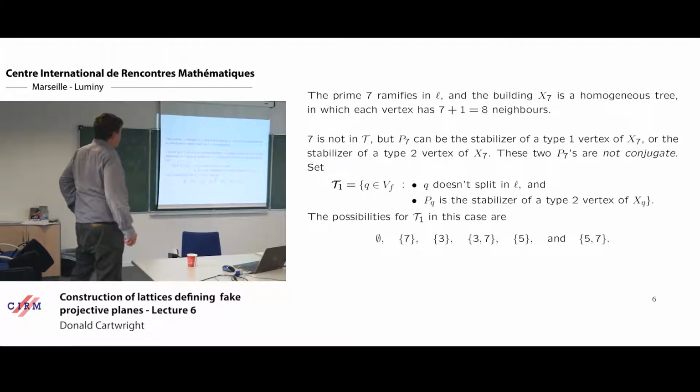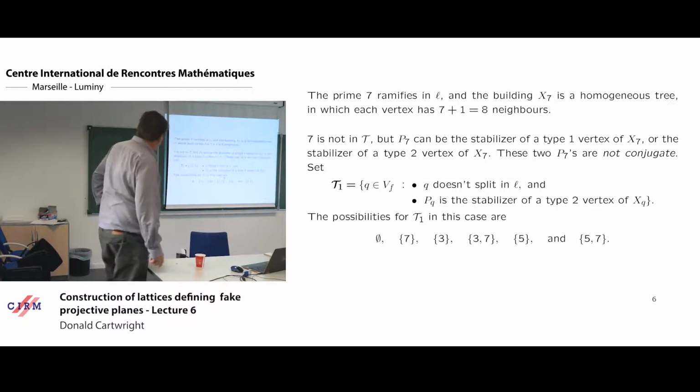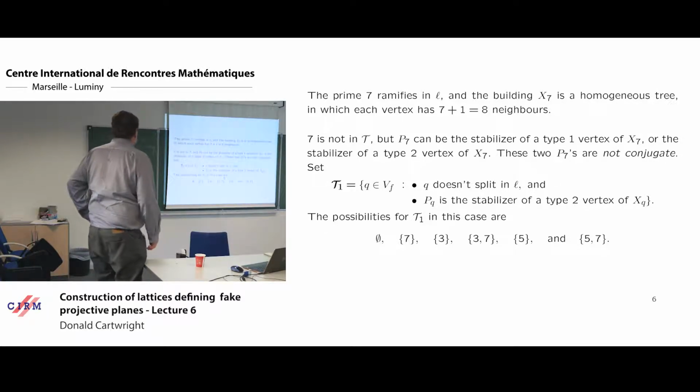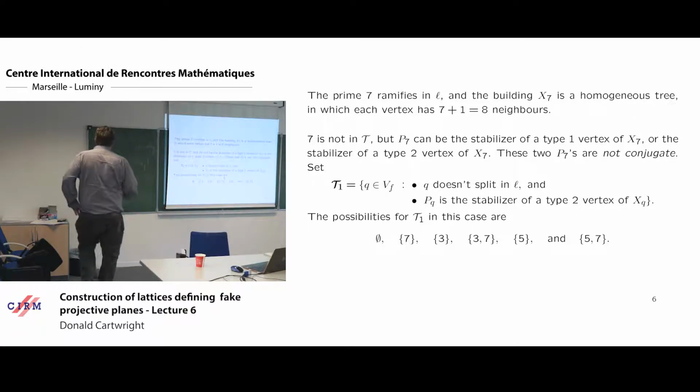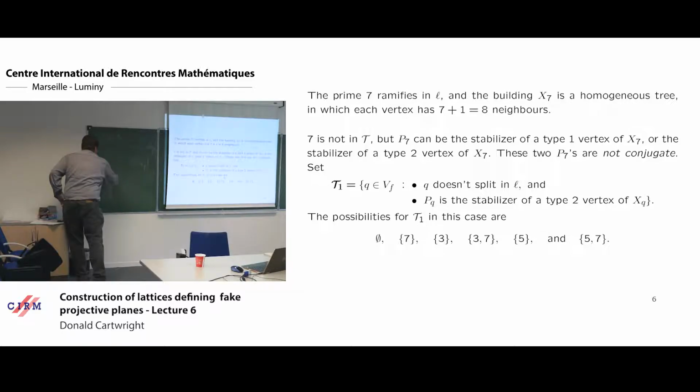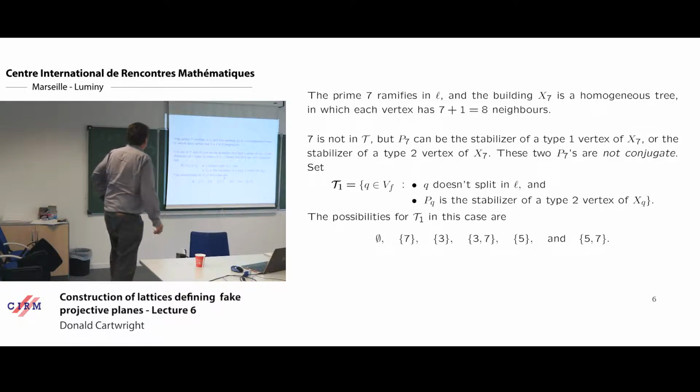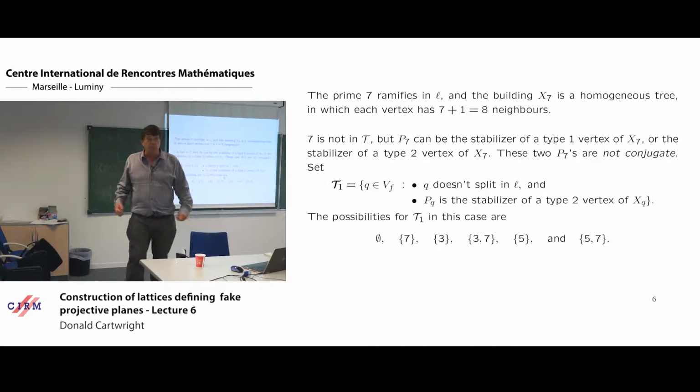So this prime 7 has to be treated a bit separately because you see it ramifies in L. It's simple to see that it ramifies in this particular cyclotomic field. 7 ramifies there, and so the building you get associated with this in the case q equals 7 is not just any old tree, but a homogeneous tree in which.